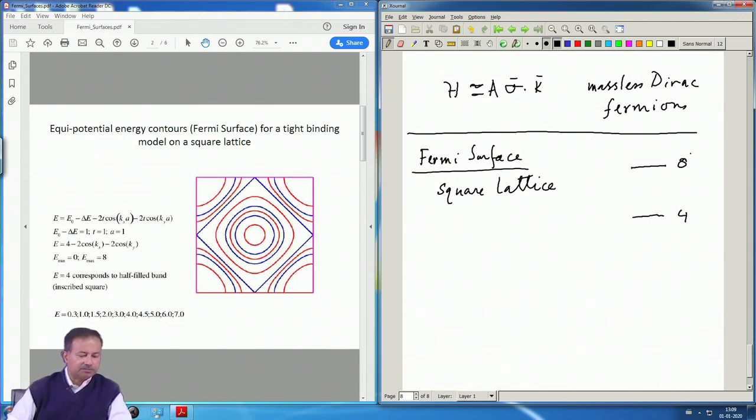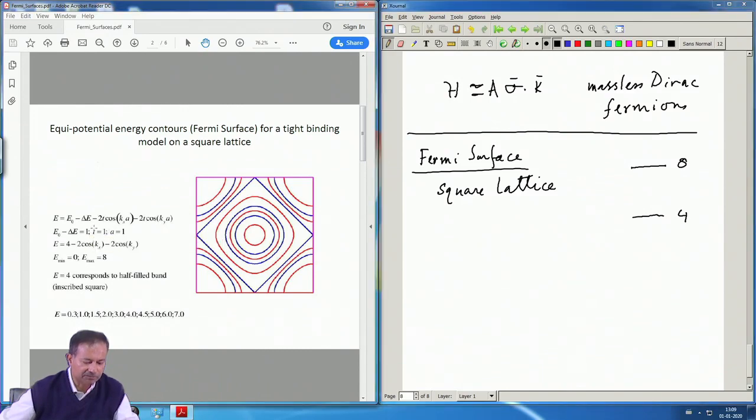So, that is the usual way theoreticians or even an experimental paper will write the Fermi surfaces, because as I said, these energies are set to certain units, certain values. T for example is set to 1 here, and you can see a, which is the lattice constant, is set to 1.